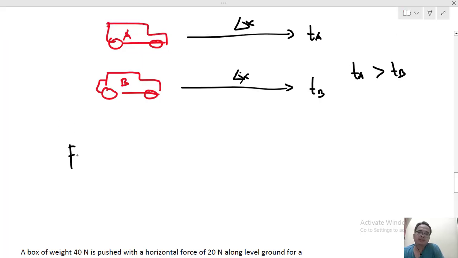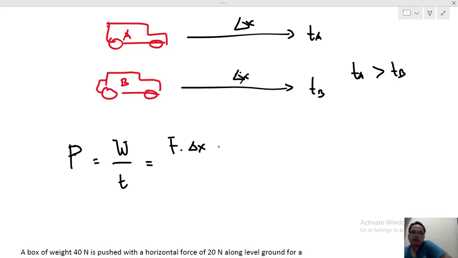We just have the equation that power equals work per time. It can be derived as work, which is F times displacement times cosine theta. If theta is 0, it is just F times delta x, and then over t.